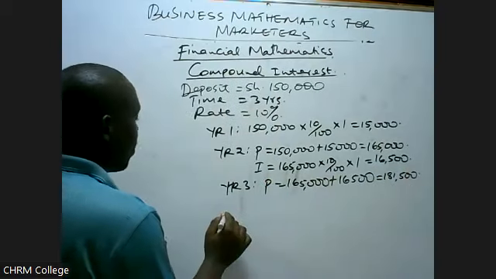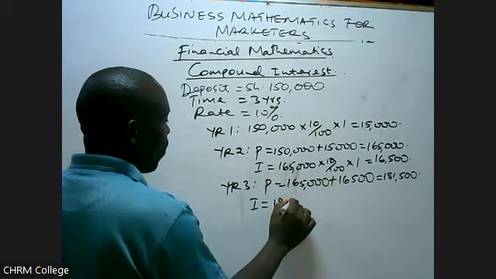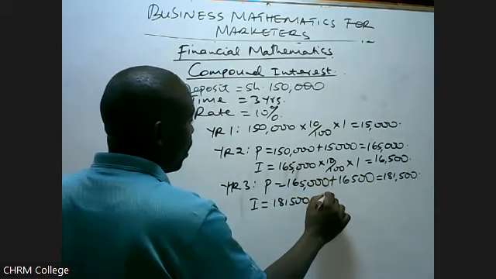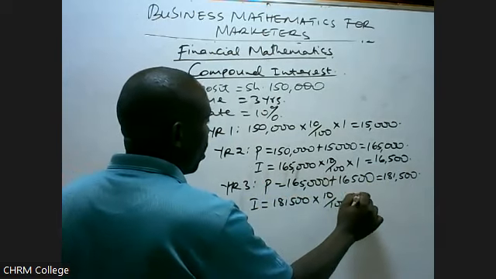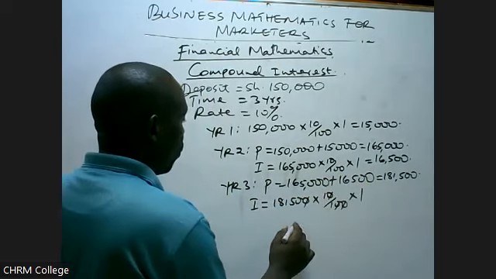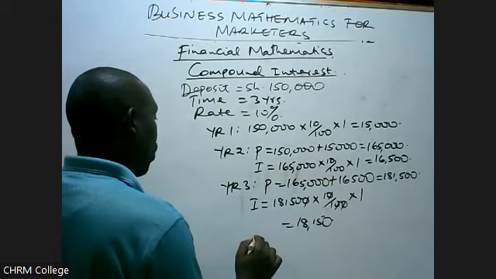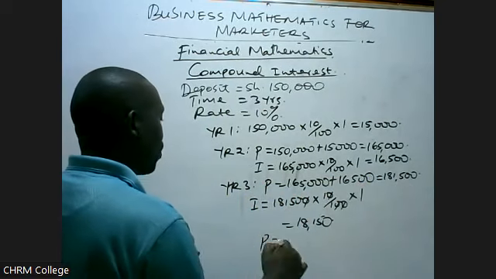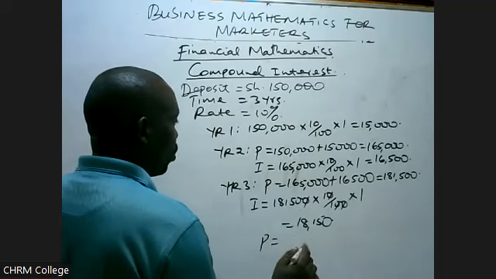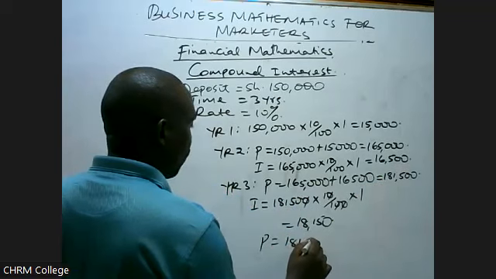So when we calculate the interest for year 3, it's going to be principal, which is 181,500, times the rate, which is 10%, does not change, times another 1 year, which is equal to 18,150. So the total amount, the total principal or amount that will be there will be equal to what? In year 3, we started with 181,500.